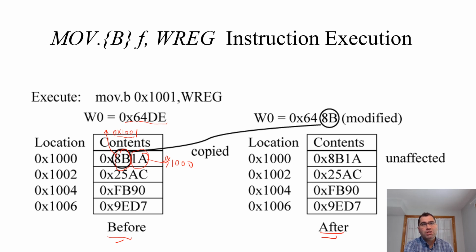So what changed from before to after? Nothing else except the least significant byte of W0, because this instruction copies the content of this address location into the least significant byte of W0. And this is before and this is after.